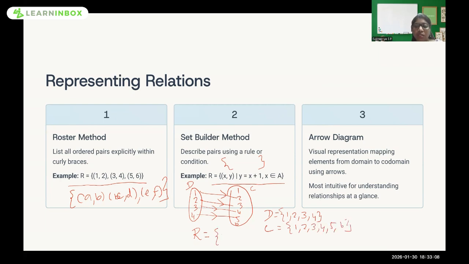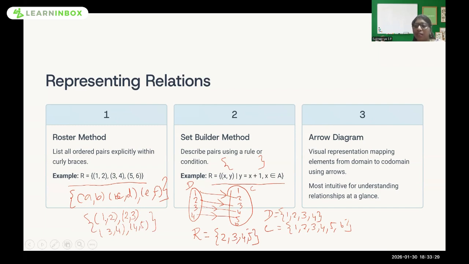But your range is just 2, 3, 4, and 5. So this is what you'll be writing as ordered pairs: (1, 2), (2, 3), (3, 4), and (4, 5).